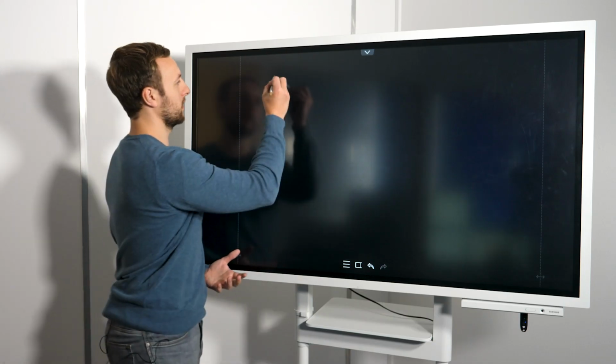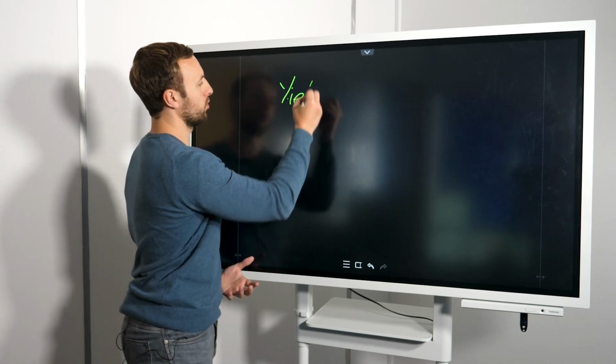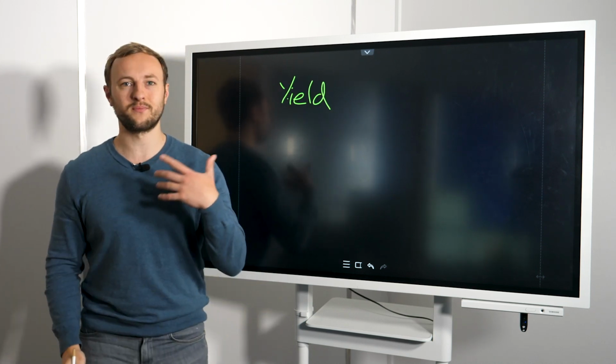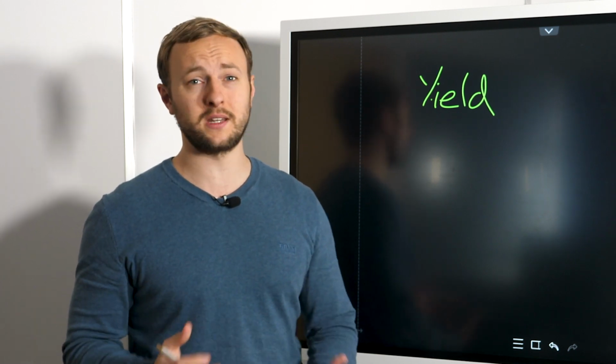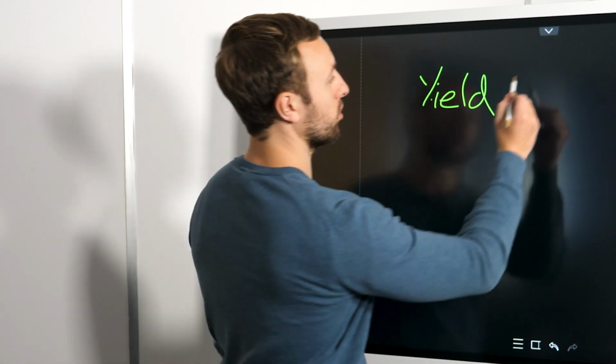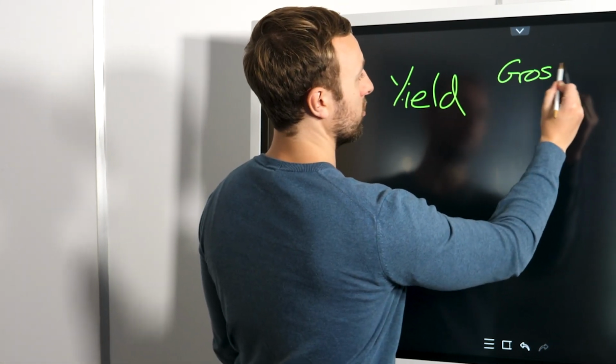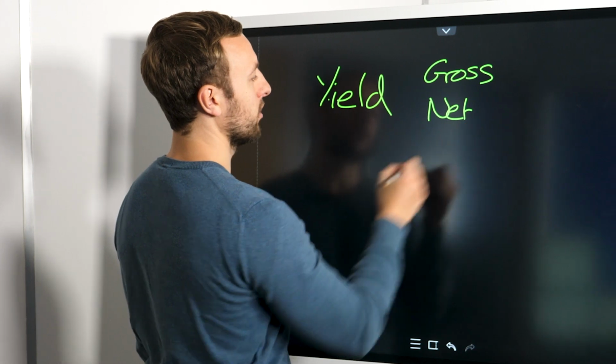So just quickly whilst we're going through it. First of all, you have got yield. Now, the problem with all of these descriptions and definitions is there's so many ways of thinking about it. So you can go gross yield or net yield all the way through.